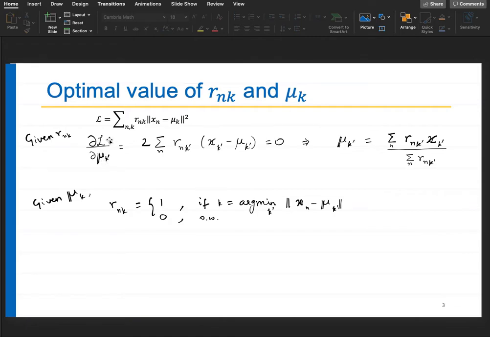Let us say dou L upon dou mu K dash. K dash is the one which I am going to estimate now. This comes out to be this thing, which I simply solve and I get this function. If you analyze it closely, R and K is either 0 or 1. So it is the mean of all the points which are assigned to the K dash cluster, just the average of all those points.